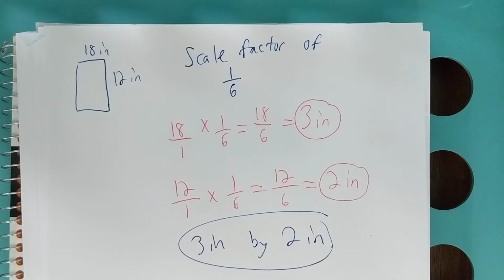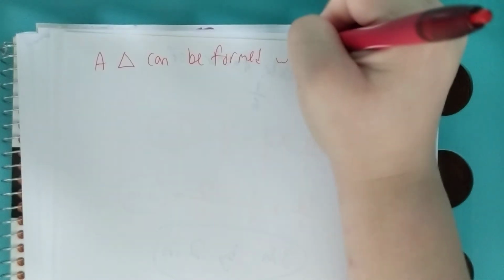I'm going to move on to number 2. Number 2, it says a triangle can be formed with side lengths.